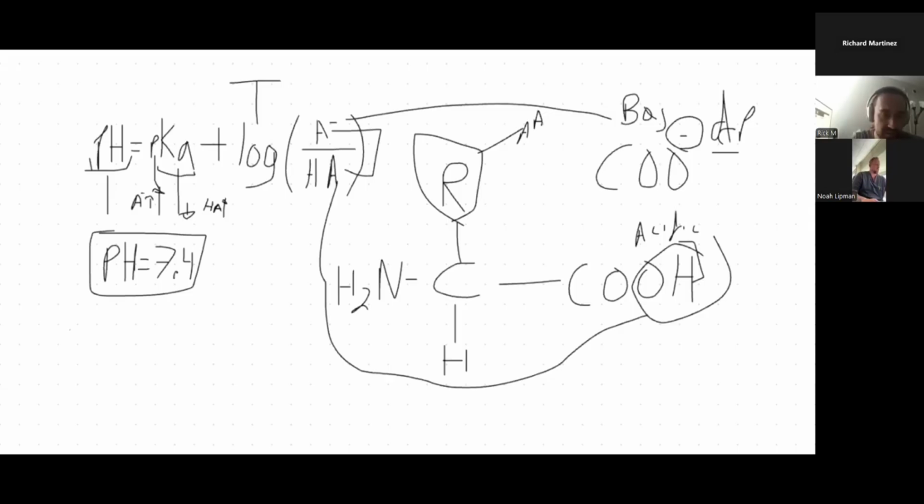Okay. So let's say that the question says conjugate base is 0.5. We'll just call this B. And sorry for the horrible writing. And the acid will be the same at 0.5.